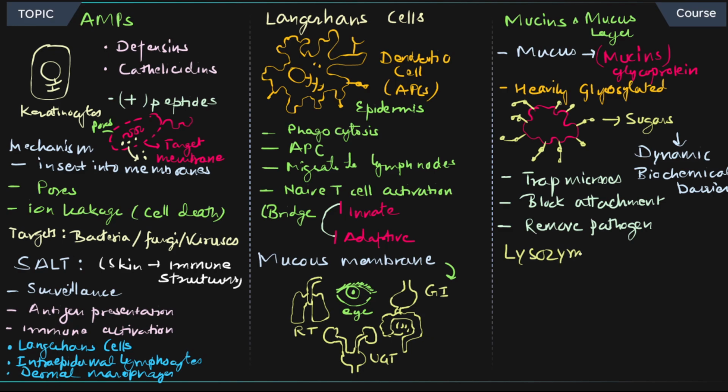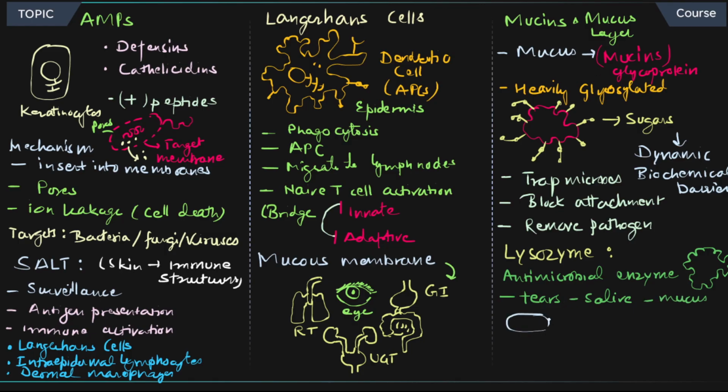Next is lysozyme, a very, very important protein molecule, which is an antimicrobial enzyme. I'm creating the illustration of the protein, and it is present in tears, saliva, and mucus. The microbes contain a peptidoglycan structure in their cell wall, both gram positive as well as negative.